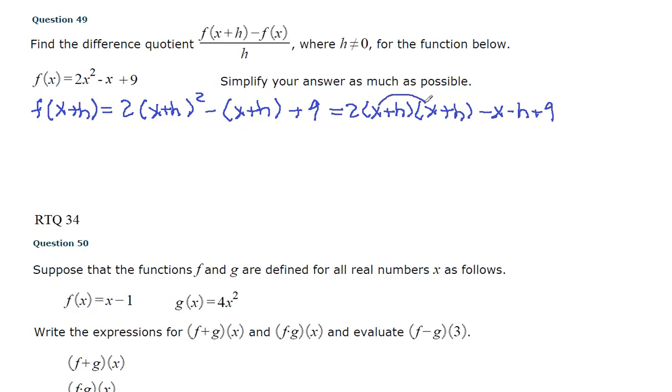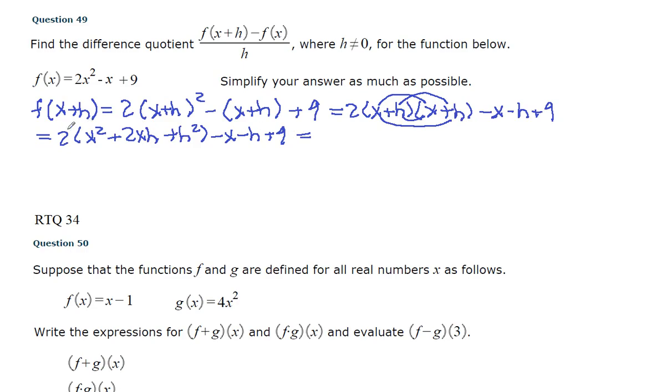So first terms here give x squared. So this will be 2 times x squared. Outer terms xh, inner terms xh, so 2xh. And then last terms h squared. And then carry along minus x minus h plus 9.